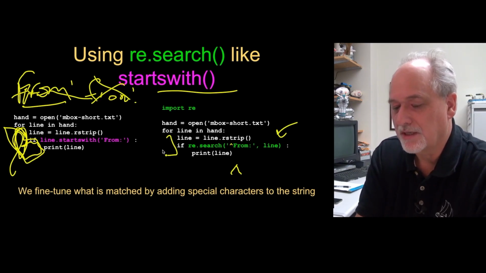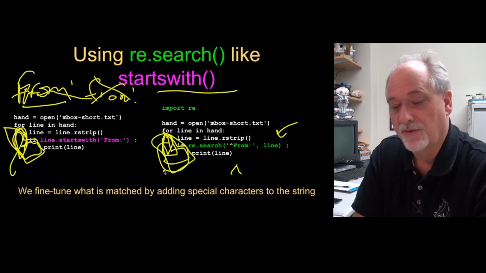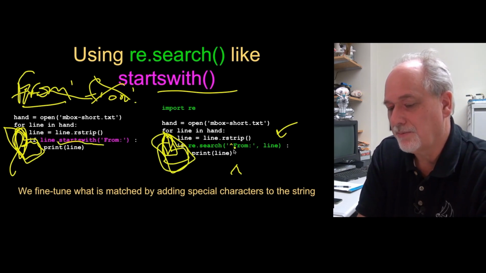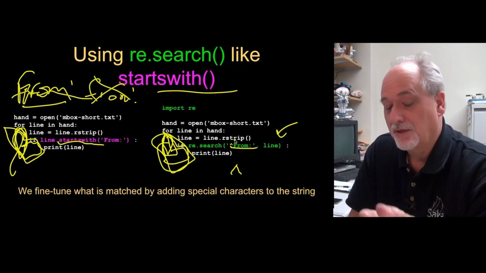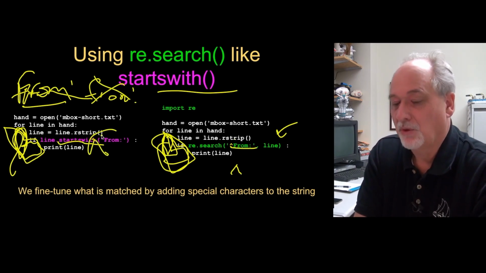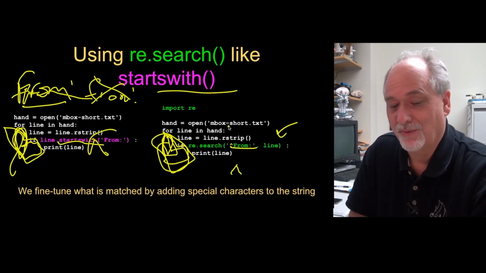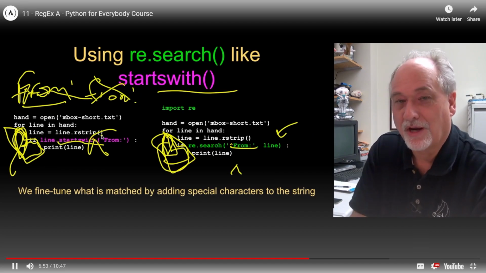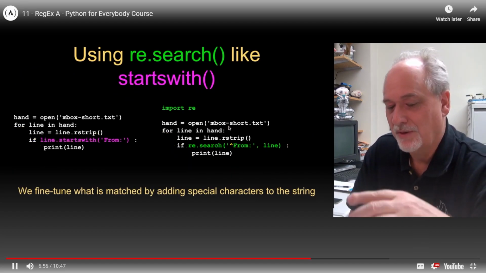It does the exact same thing: it only prints lines that have from colon as the first character. The difference is that with one we look for a method, and with the other we program the regular expression. We're going to run out of methods in the string class long before we run out of things we can do with regular expressions.